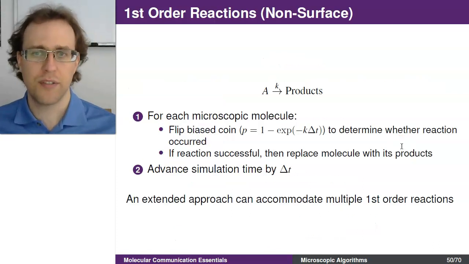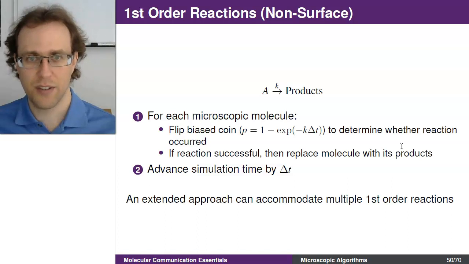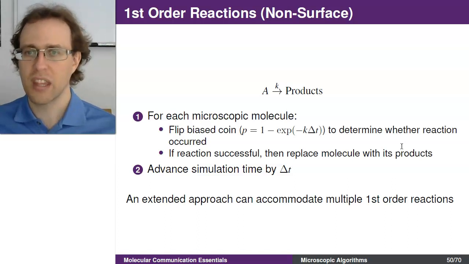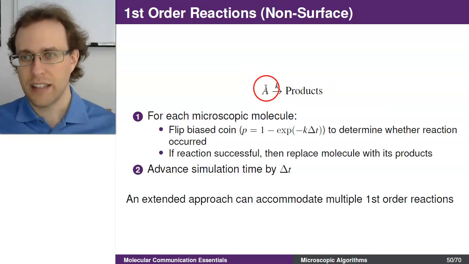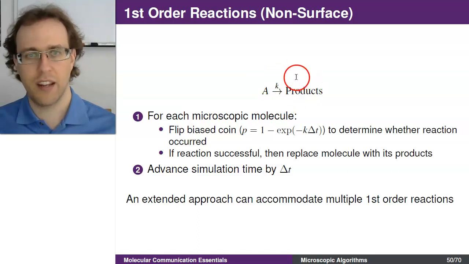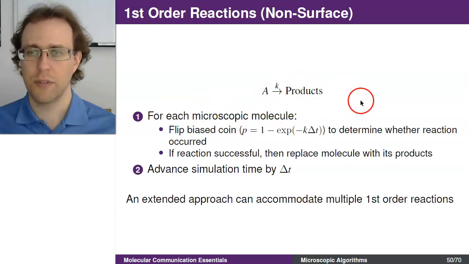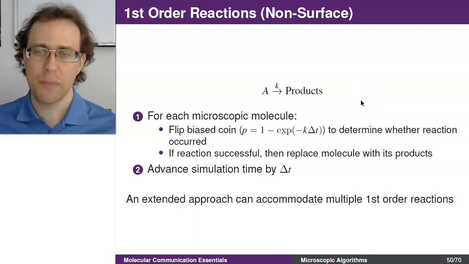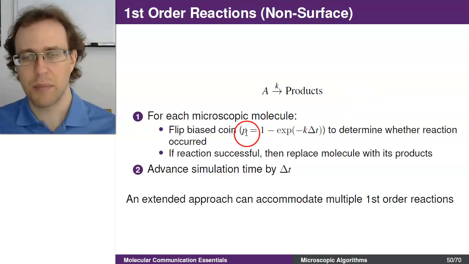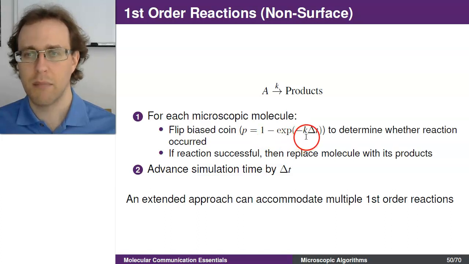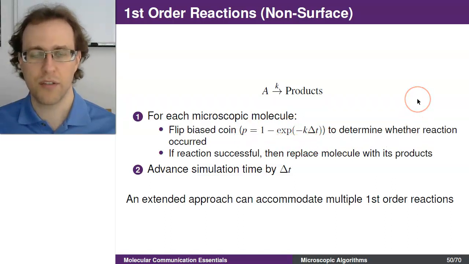For first order reactions that are not surface reactions, because surface reactions I'll have to consider separately, we have a molecule that can undergo a reaction with rate k and then it leads to products. So for each microscopic molecule, we need to flip a biased coin where the probability P is going to be 1 minus e to the power of minus rate times the time step. With that probability, we flip a coin to determine whether a reaction occurred.